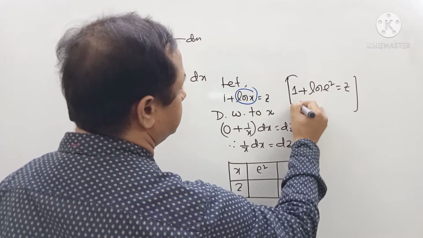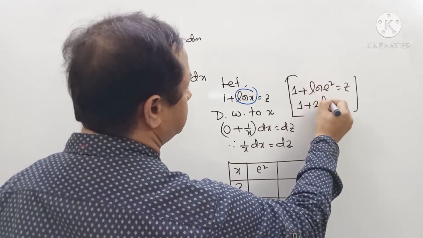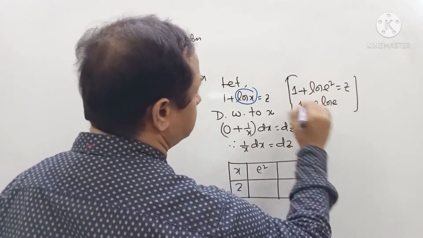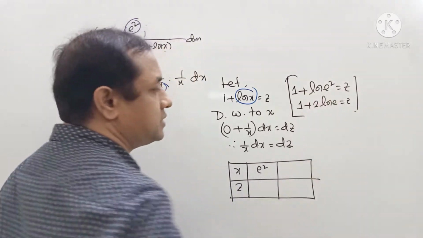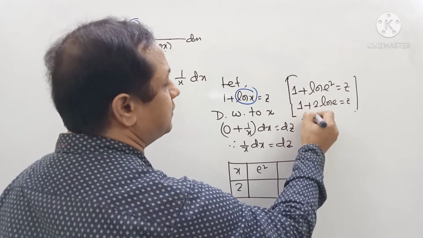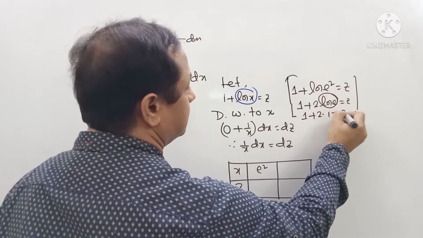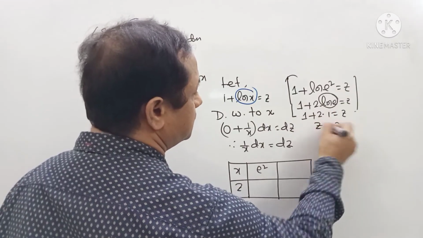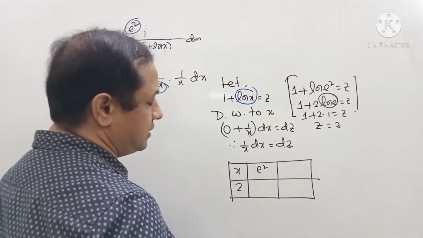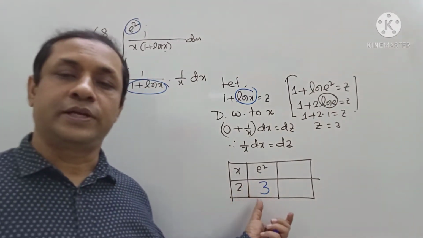Attention please, student: taking the power 2 to the front, we can write 2 ln e. We know that ln e equals 1. So the value of z equals 1 plus 2 equals 3. So we have z equals 3.